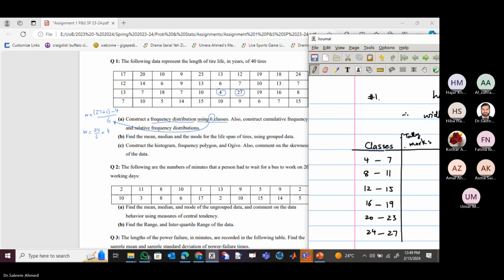So see, the first one, 17. 17 is here. Then 12, 13, 7, 20, 14, 7, 10.